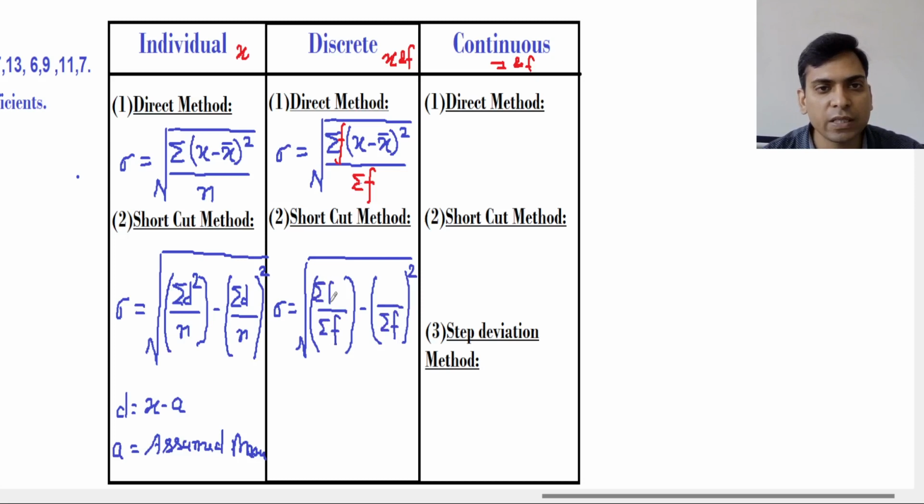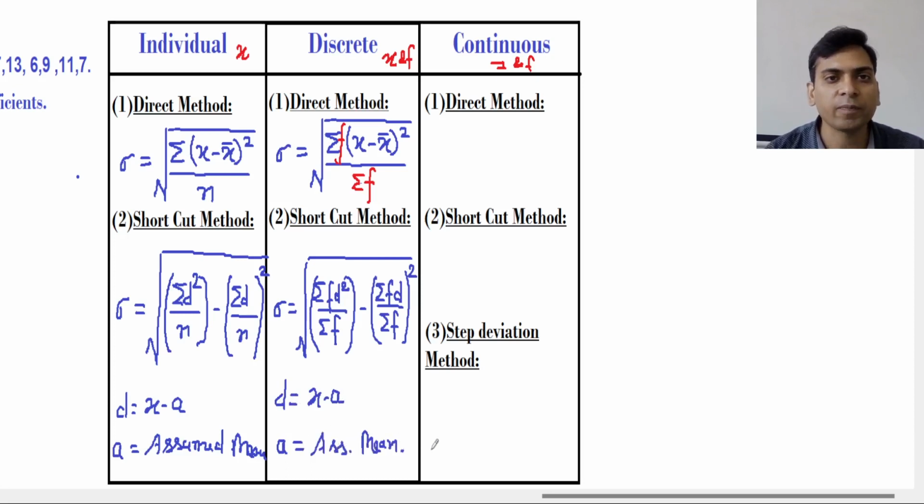This quantity is summation of f into d square, and this quantity is summation of f into d. Square of this whole term is square of only summation d. And d equals x minus a, where a is again assumed. This is the formula for discrete type of data. So the difference is the inclusion of f: only d becomes fd, n becomes summation f. This is the difference in these two formulae for discrete and individual type.